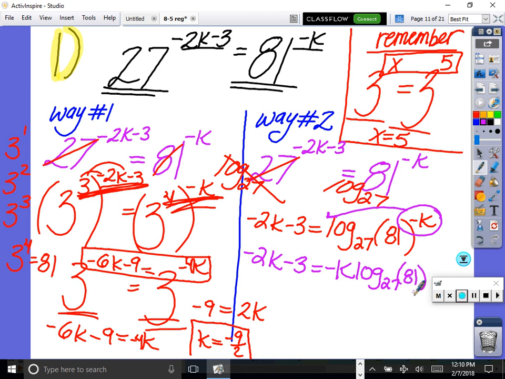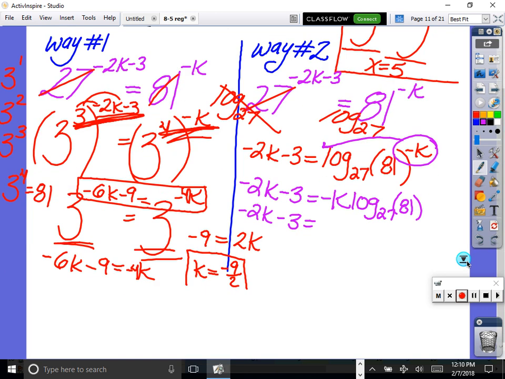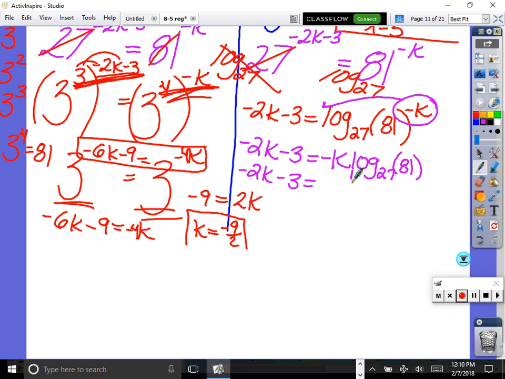So then we would have negative 2k minus 3 equals, let me scroll up. Then over here we would need the change of base formula. So we have negative k times log of 81 divided by log of 27. Calculate that for me, so I don't want to deal with logs.